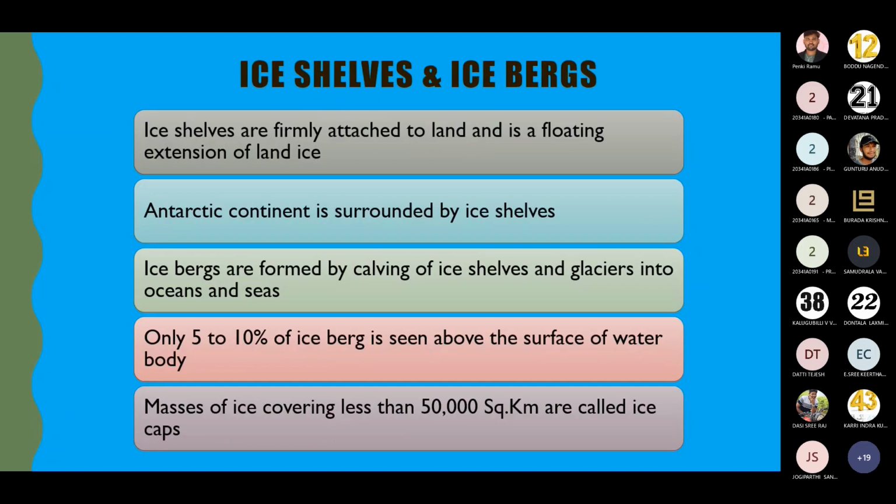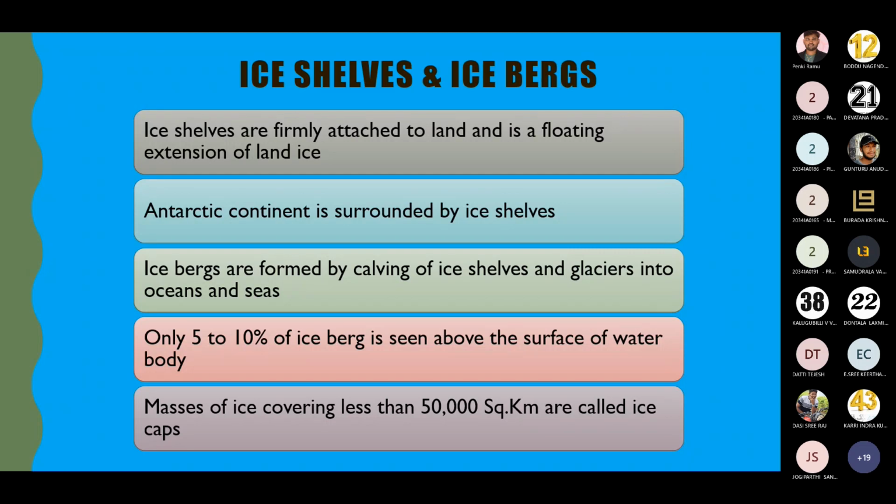Moving on to the next component, that is ice shelf and iceberg. So ice shelves are firmly attached to the land and is a floating extension of the land ice. The snowfall takes place over the land as well as the ocean bodies. And whatever snow that has fallen onto the land, if weather and climate supports, it will exist in the solid form for a very long time, and because of which this fallen snow will convert into ice, then into a small sheet of ice.